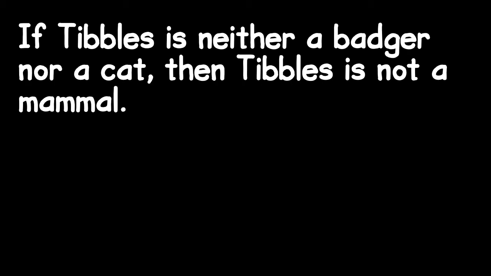Consider this sentence. If Tibbles is neither a badger nor a cat, then Tibbles is not a mammal. In QL, we have all the same sentential connectives we had in SL, and symbolizing a sentence like this mostly just relies on the skills we developed translating into SL.